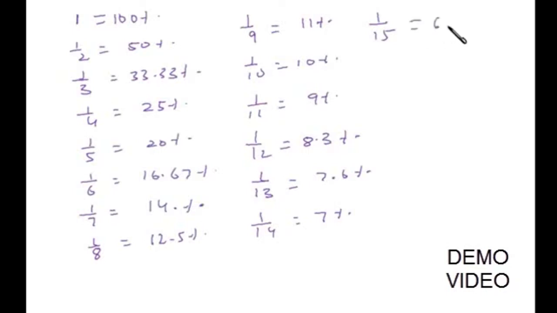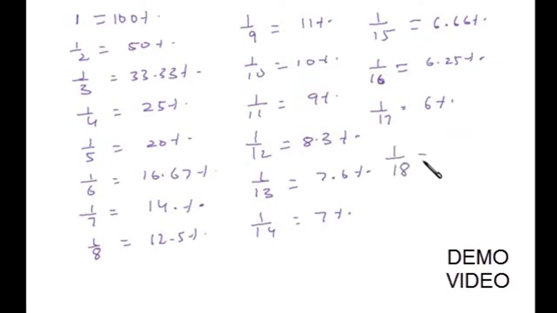so it is 6.66%. Then 1 by 16 is half of 1 by 8, that is half of 12.5, that is 6.25%. Similarly, 1 by 17 is around 6%, because 17 sixes are 102, so it's around 6%.